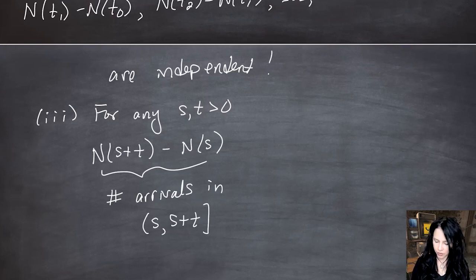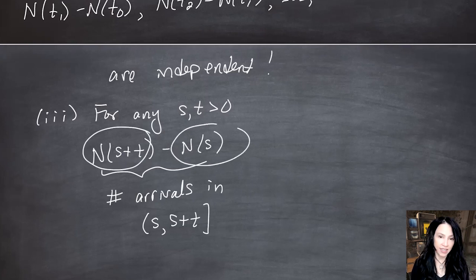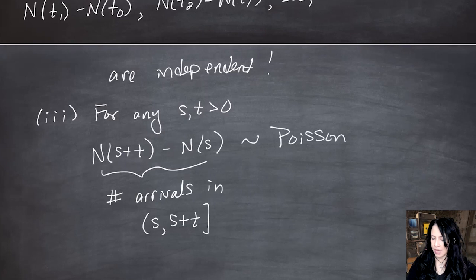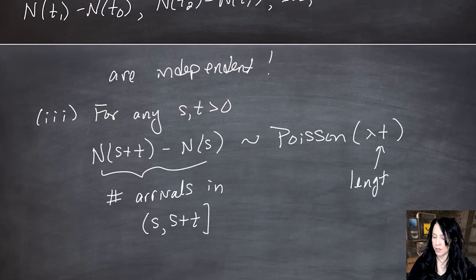So we're going to go all the way up to time s plus t, and we're going to take away the stuff below s and even at s if there is one at s, but that's not going to happen with continuous times. And so I didn't finish this statement, but this has a Poisson distribution. And the parameter is the rate parameter given for the overall process times t. And t is the length of the time interval we're considering.